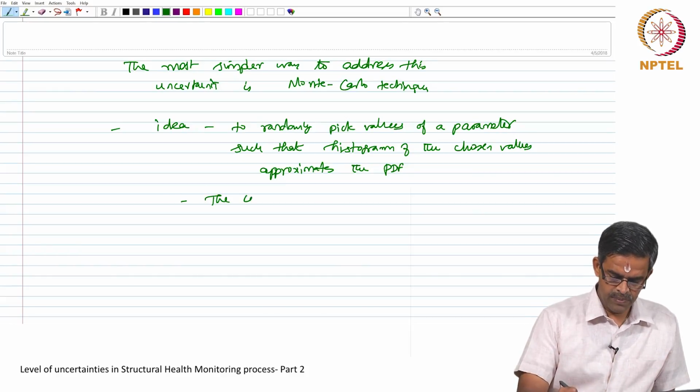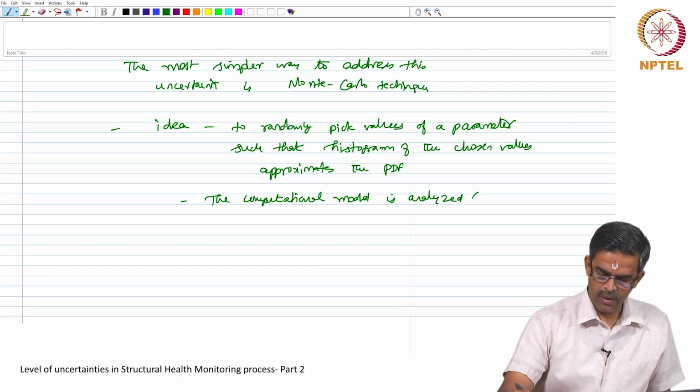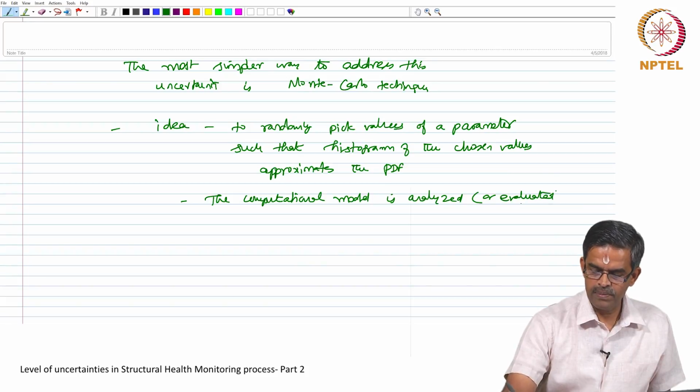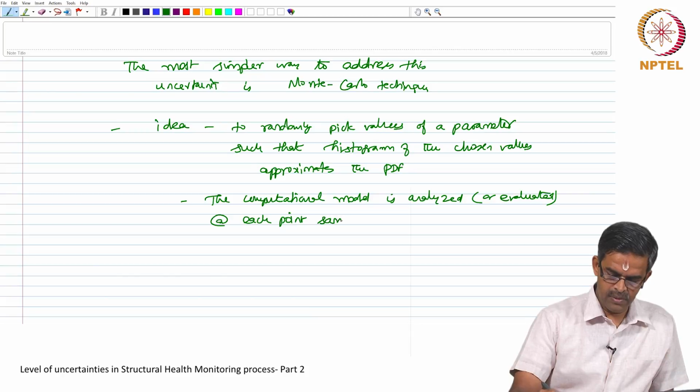Subsequently, the computational model is analyzed, otherwise I should say is evaluated, at each point sampled in the input parameter space.